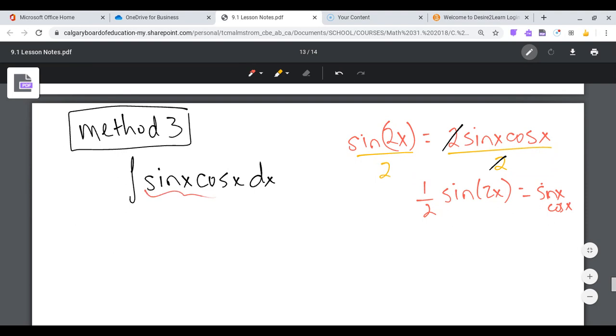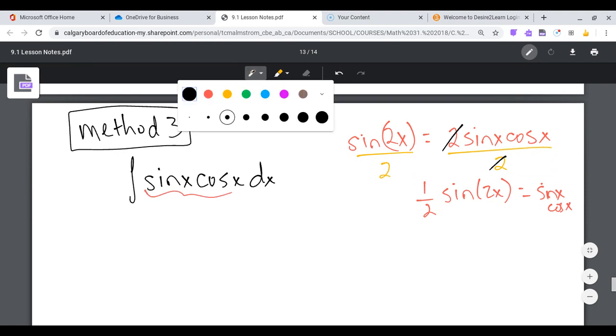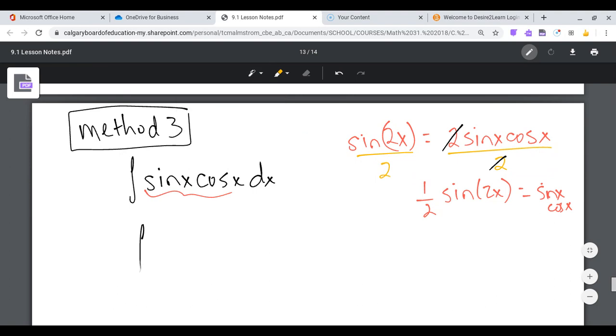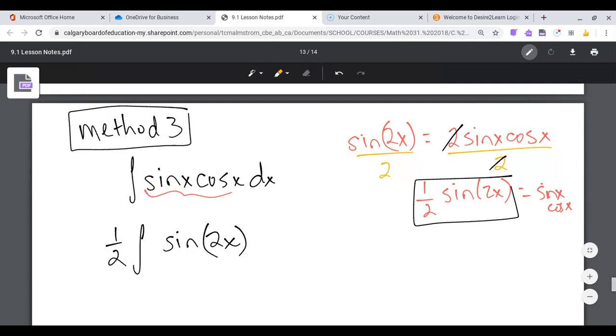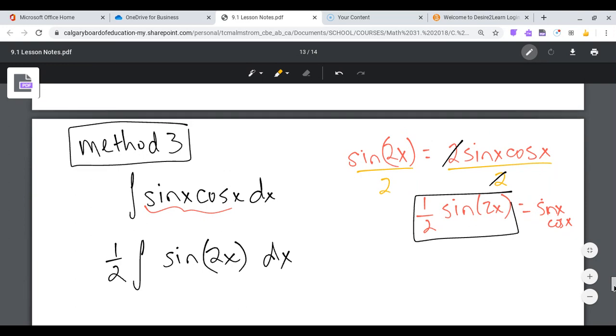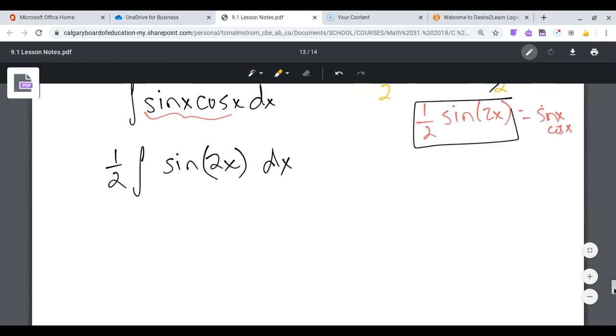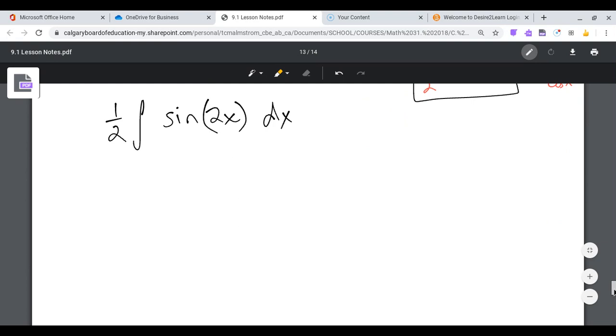Okay, so I'm going to replace that sine x cos x with 1/2 sine 2x. I'm going to put the half right out front because I now know that constants are allowed to go out in front of my integral sign. And I've reduced it now to just sine 2x dx. Now I can actually use my little cheater rule, the 1 on k rule, instead of the substitution rule.